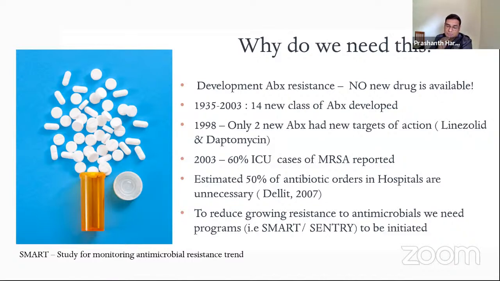From 2000 onwards, we've been seeing a rising number of resistance, especially the methicillin resistant strains of Staph aureus. In the US, 60% of the ICU cases are reported MRSA, and that's a pretty big jump from the last 20 years.